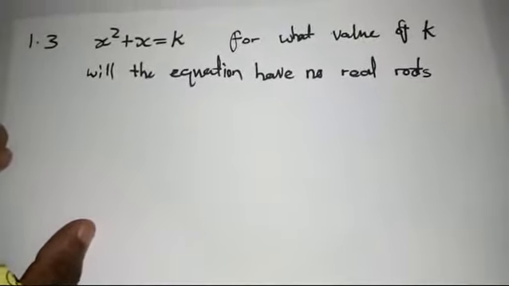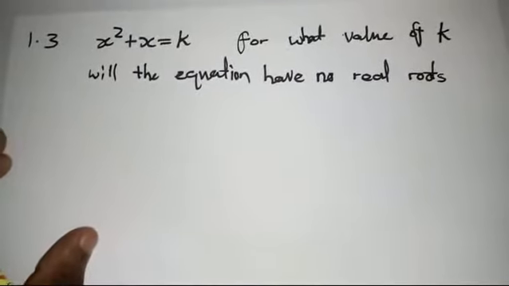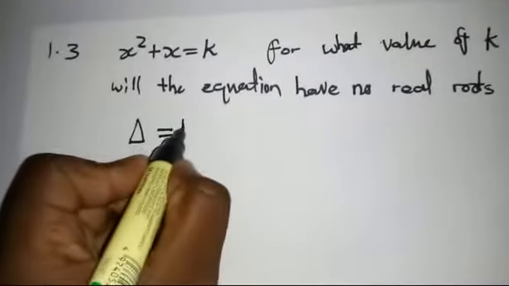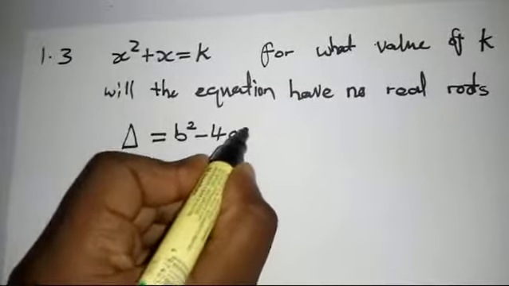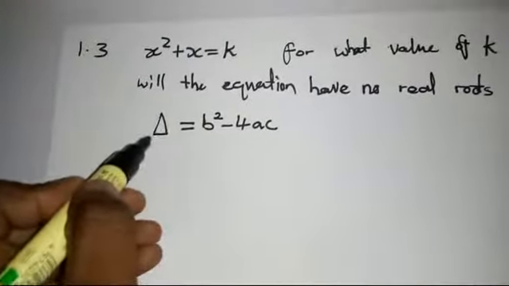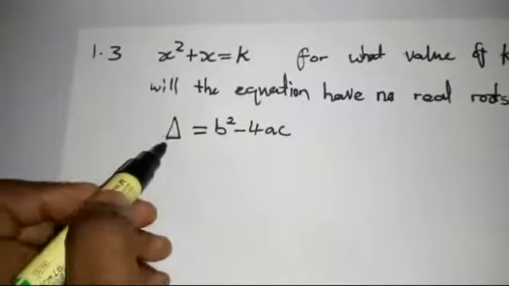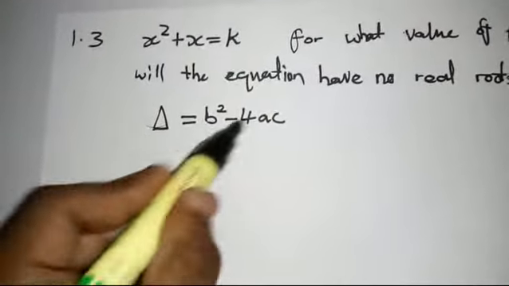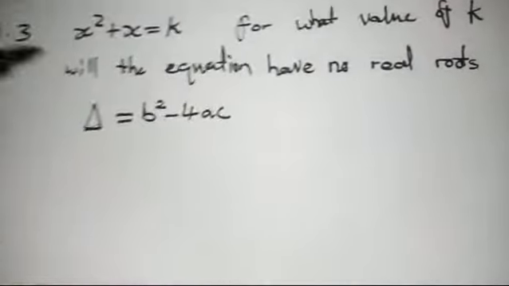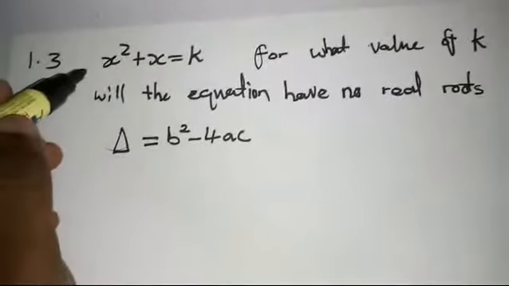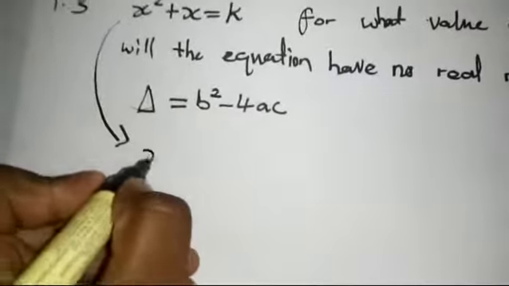The discriminant is calculated by this given formula. This triangle represents the discriminant. This is the equation for calculating the discriminant. Then you need to put this equation in the standard form. It will be as follows.